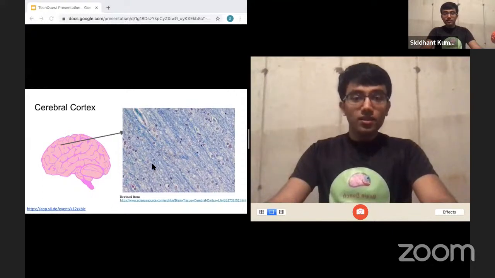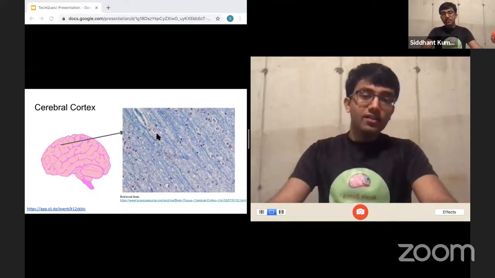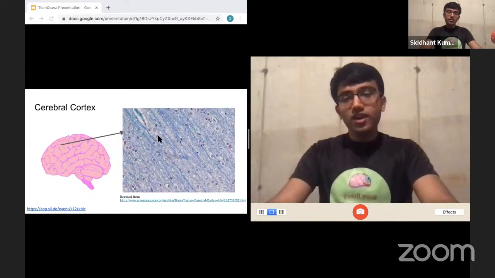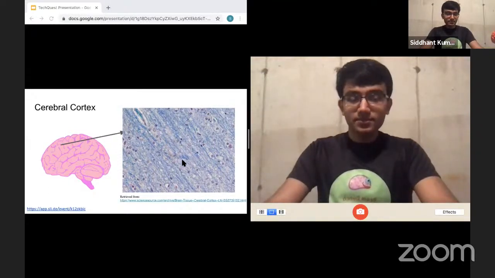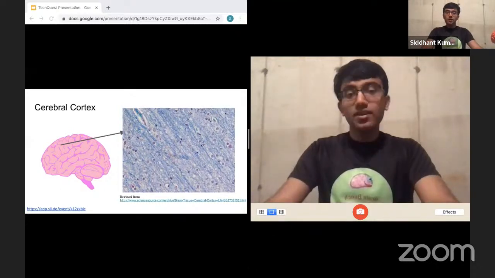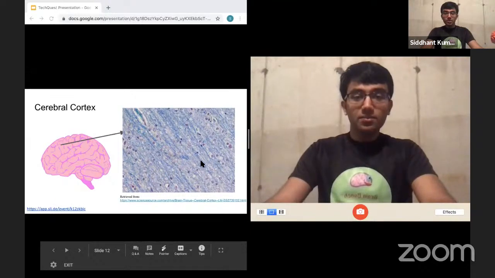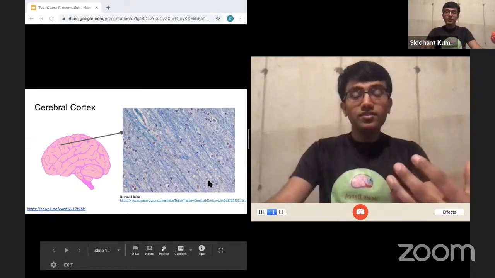So let's see why exactly this dot is there. These dots are actually the DNA in the cells. Do you know what DNA is? Okay, so we have one yes, which is great. The purple spots. What does DNA allow us to do?